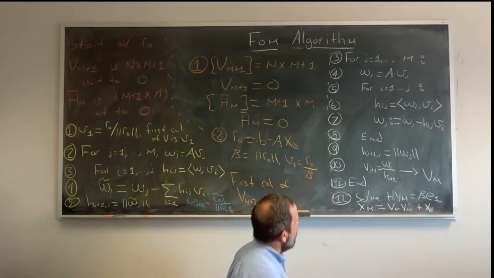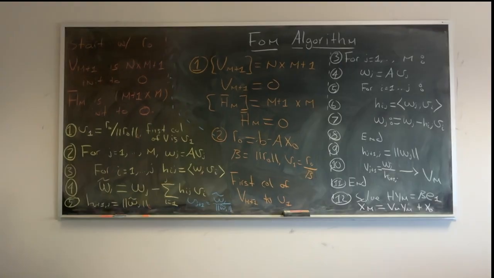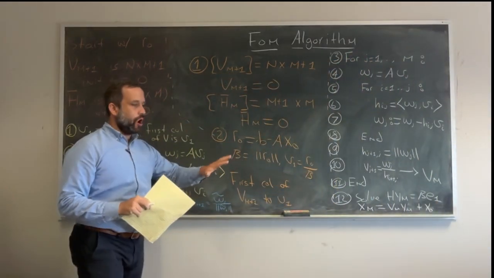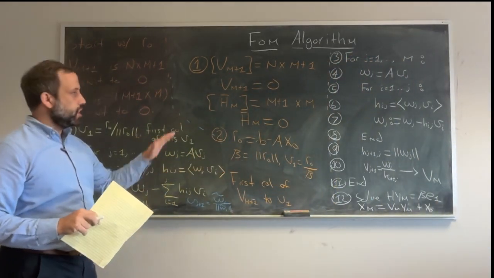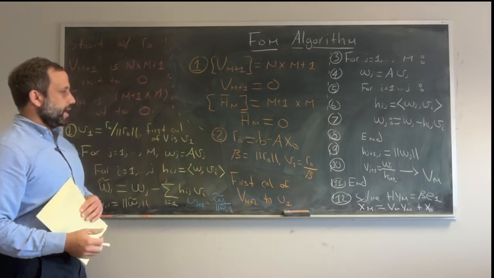Sorry, I just needed my board to be a couple inches longer. Okay, but I think that's clear. And then we can compute the residual as well. So this algorithm should also return the residual, and we saw how we can compute the residual without actually having to do b minus Ax.